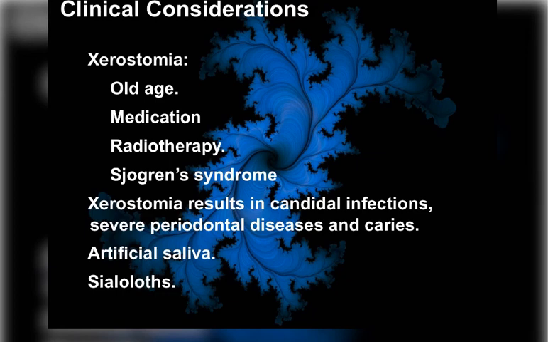This stone needs to be surgically removed because it's very painful and leads to serious inflammation for the patient, because the saliva can't come out, it will be retained inside the gland itself.